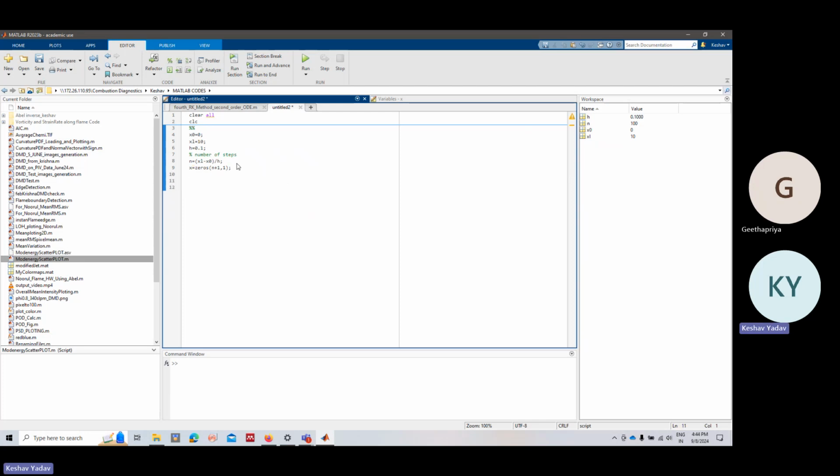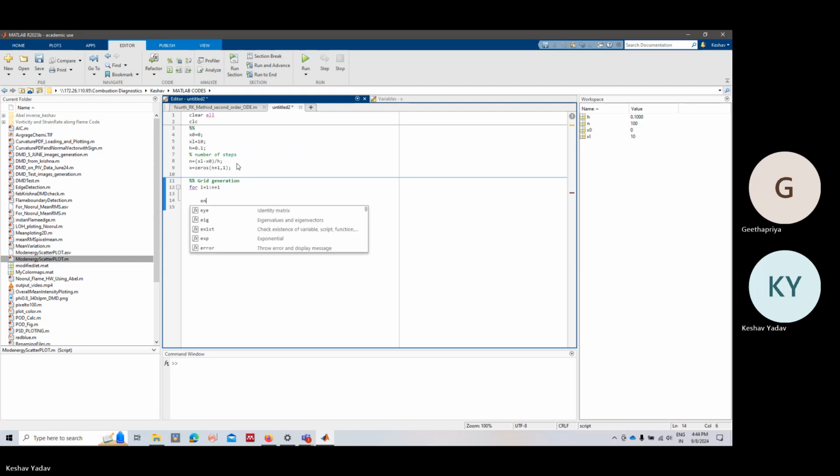Now grid generation. I'm doing the grid generation for i equal to 1 to n plus 1. Here in MATLAB, indexing starts from 1, that's why I'm writing i from 1 to n plus 1.